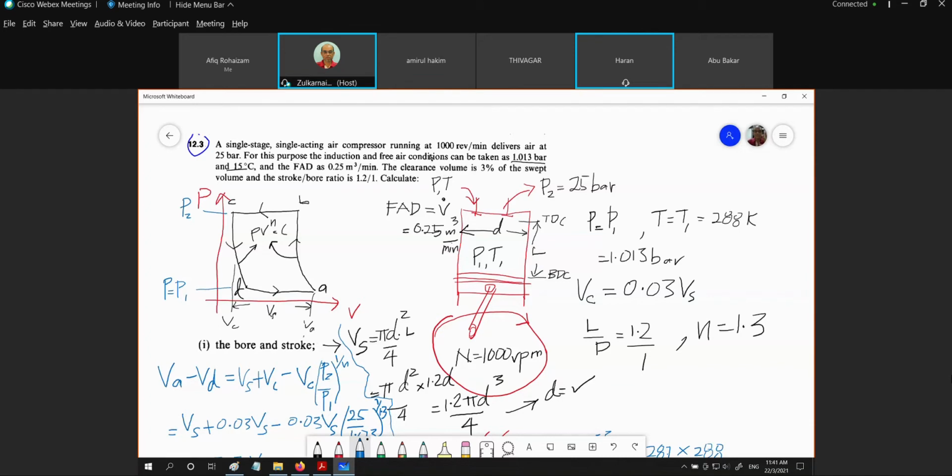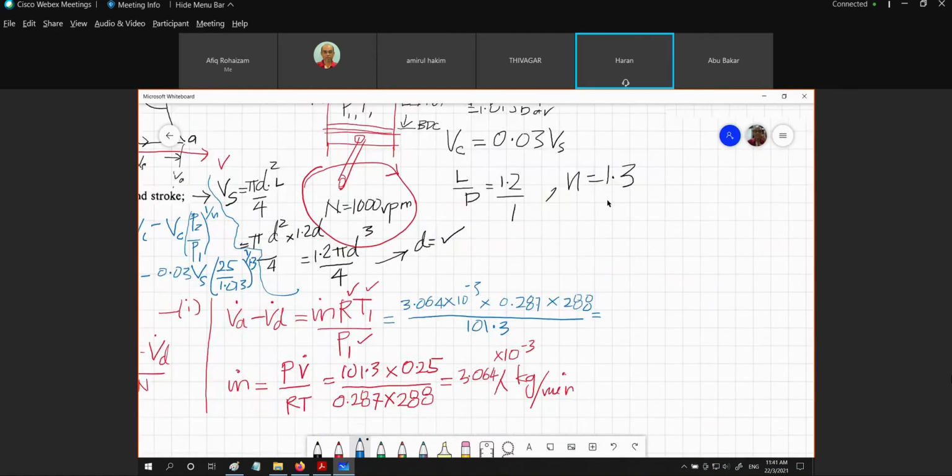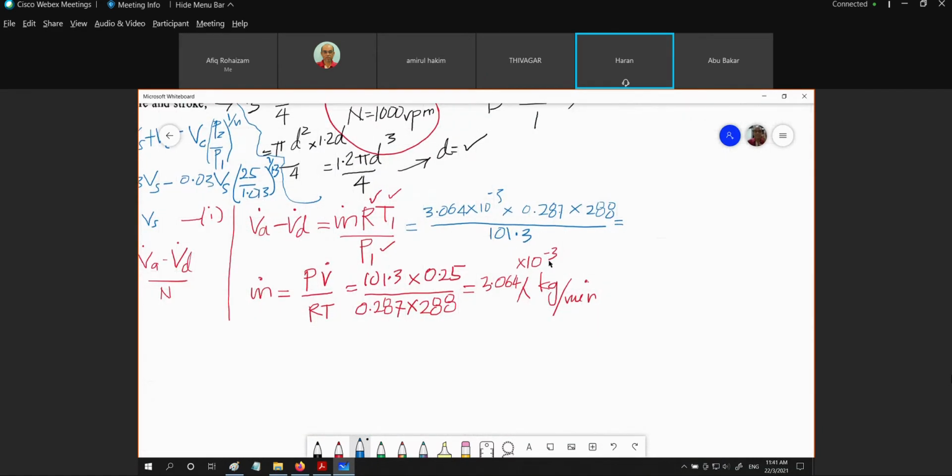So I think m dot is 3064. Yeah, just now I asked, is there a minus? Oh, I made a mistake here. Okay, 0.3064. There's no exponential 10 minus 3. I thought someone said about the exponential. I think because it's calculated using bar.